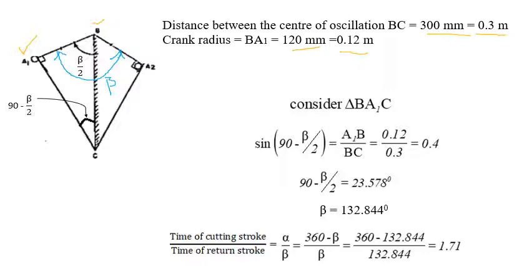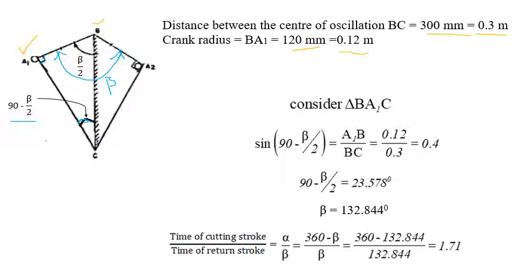So angle A1BC is beta by 2, and it is a right angle triangle. This is beta by 2, this is 90 degrees, therefore this angle becomes 90 minus beta by 2, since this line is perpendicular.